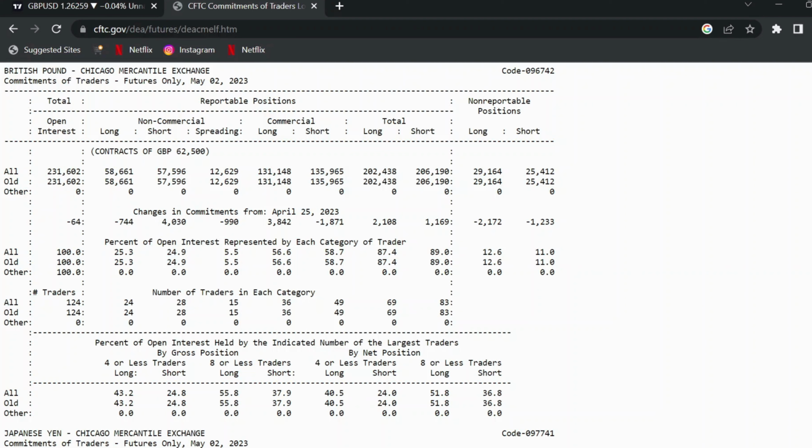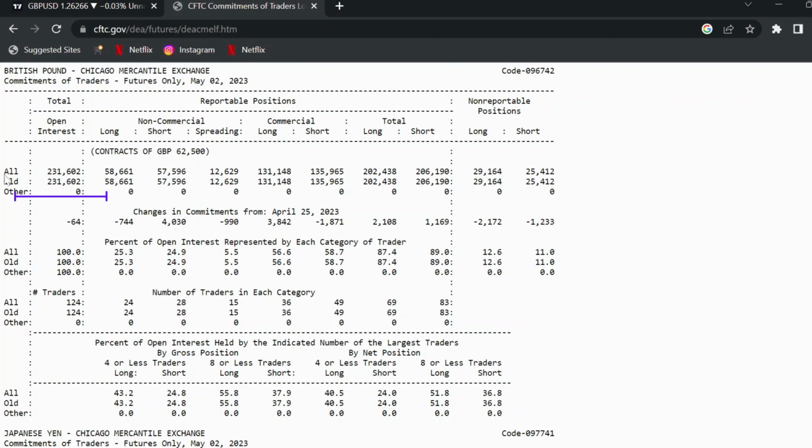So the weekly data on its own, like this week is the British Pound, CME, Commitment of Traders, futures only on May 2nd, 2023. And you can see, okay, we have the open interest, we have the shorts and the longs.